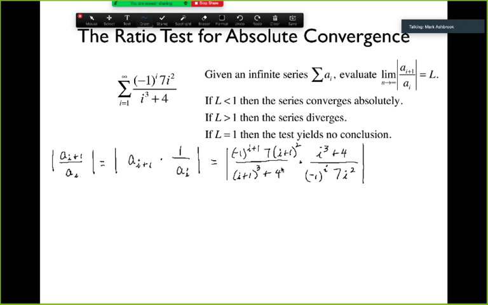The way we're going to evaluate this limit is we're going to put the things that are alike together. So we're going to combine these two and think about them in the limit together, and then think about these two together in the limit. And then what is negative 1 to the i plus 1 over negative 1 to the i?